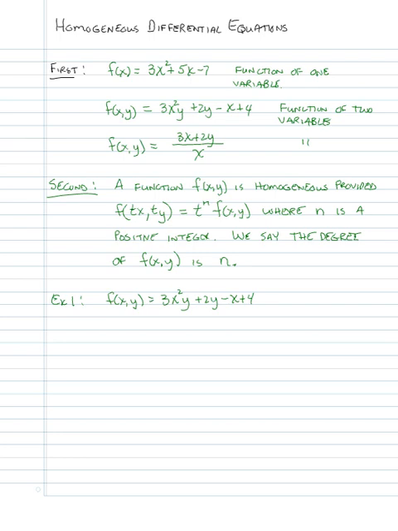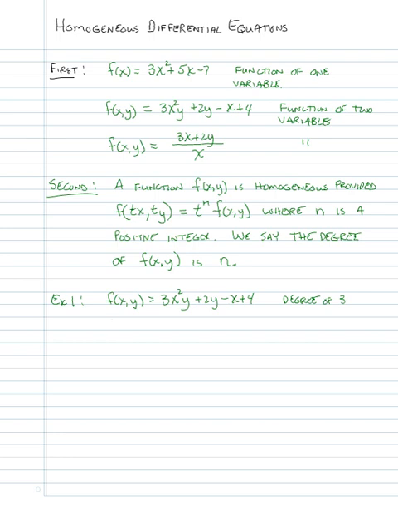The degree of 2y is just 1. The degree of negative x is just 1. And so this has a degree of 3 as a polynomial. Now, let's test whether this function is a homogeneous function.